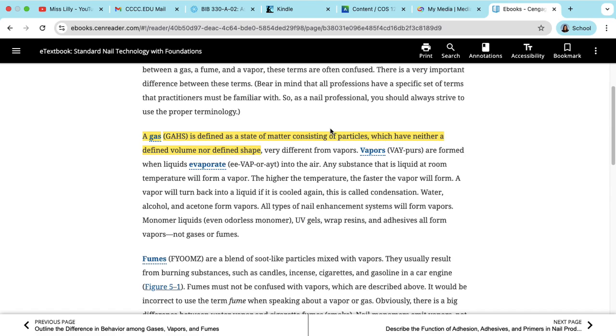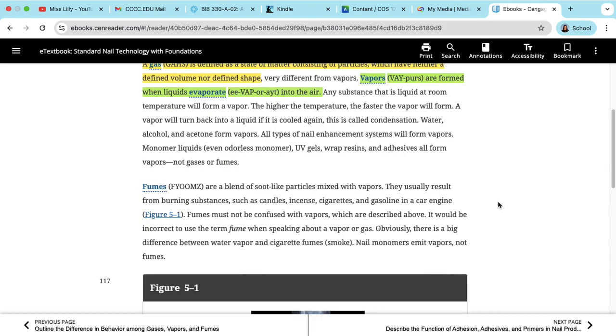Any substance that is liquid at room temperature will form a vapor. Fumes are a blend of soot-like particles mixed with vapors. They usually result from burning substances, so cigarettes, gasoline, etc.